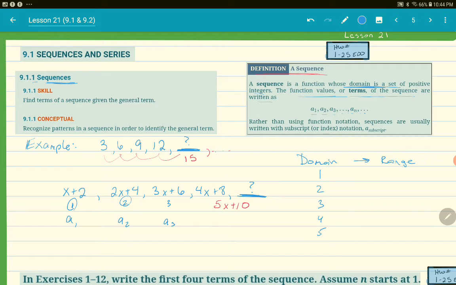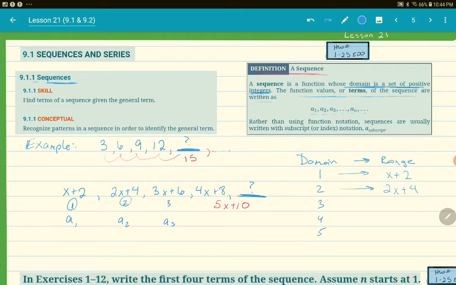The domain is a set of positive integers. So 1, 2, 3, 4, 5, and it could go on or not, depending how I define the sequence. And the range is really saying the first, a1, was the x plus 2. And 2 maps to 2x plus 4.